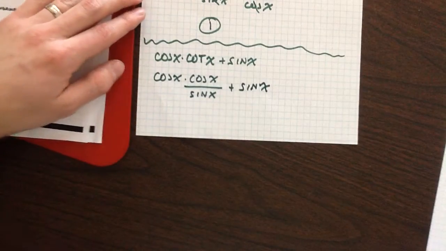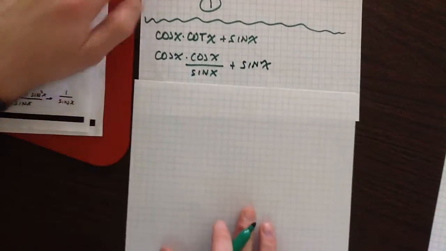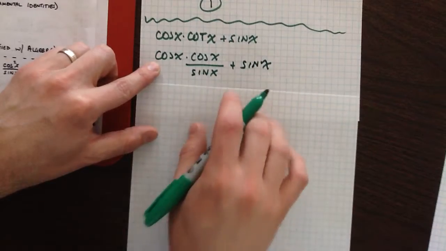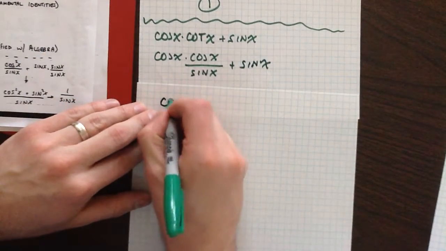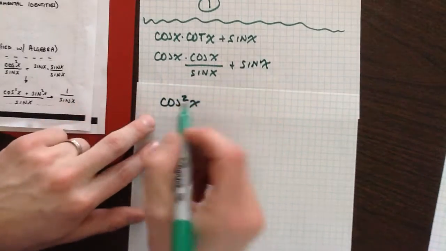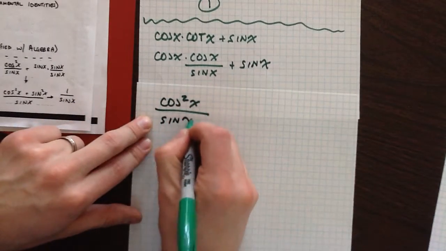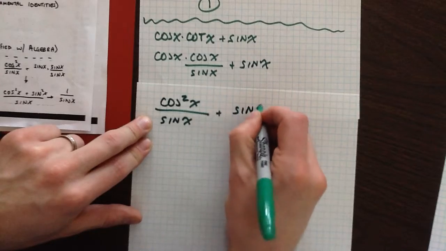Well, we can combine bits there. Cosine times cosine, we've got cosine squared, over sine plus sine. I'll explain my notation in a moment.